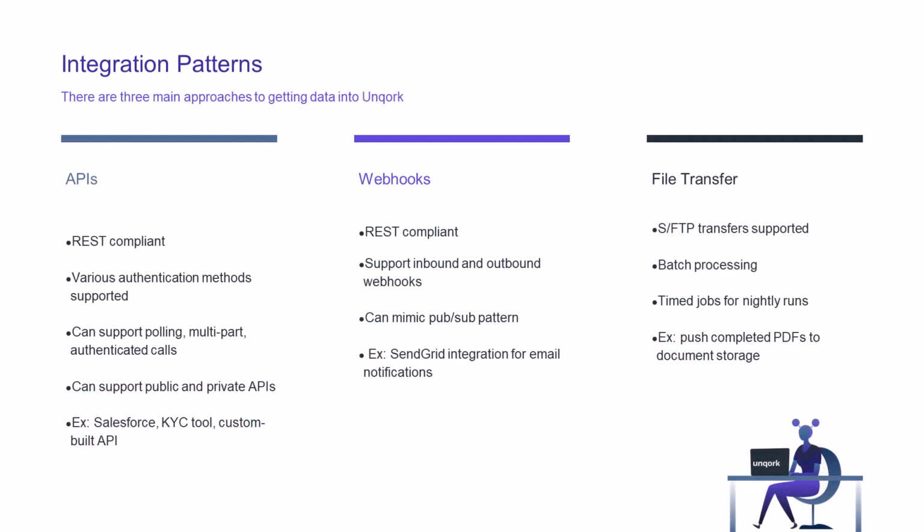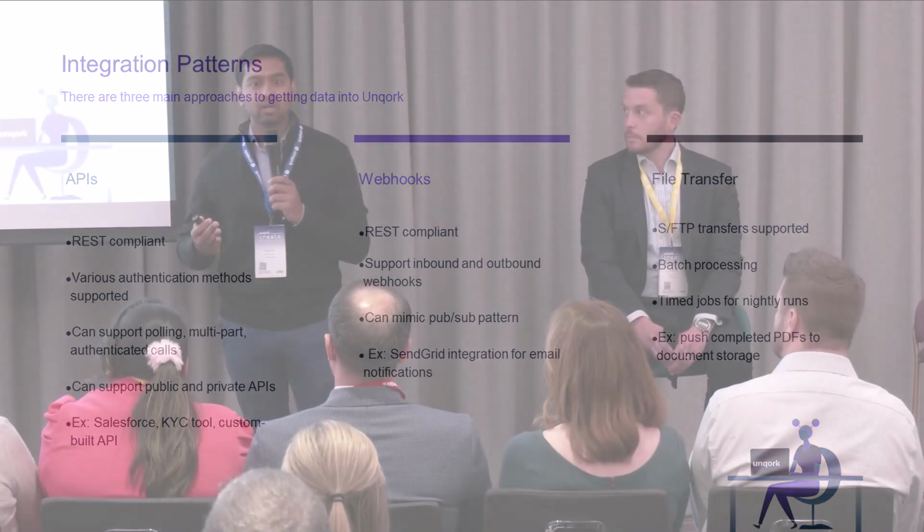Webhooks are less often used, but have their value for event-driven or transaction or trigger-based actions that need to be taken. You could mimic a pub-sub pattern if you wanted to with webhooks. The most common use case that we see is a lot with SendGrid or any email or Slack type integration where you want to trigger an action based off of a message that's been received.